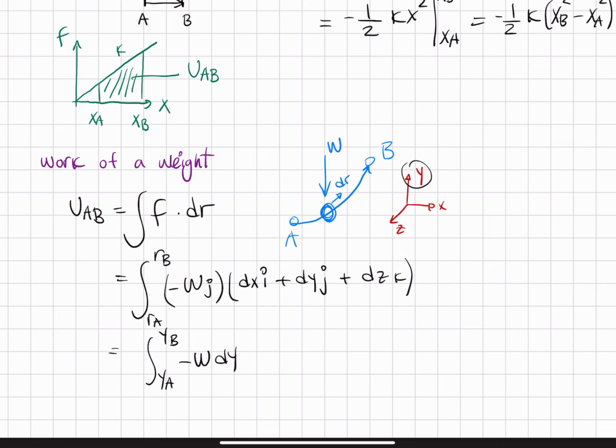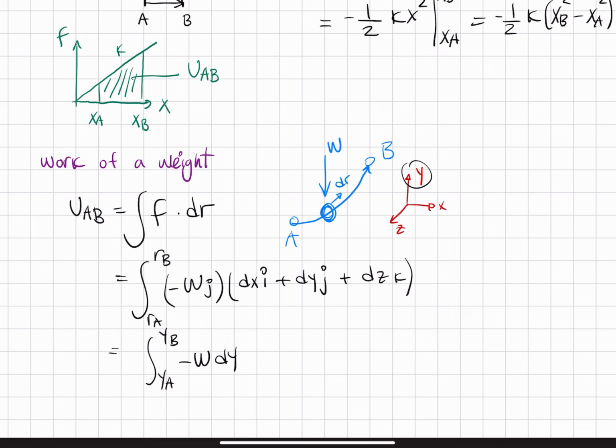Mathematically, what has happened is we performed the dot product between the ijk unit vectors, and whenever the unit vectors are not matching, you end up getting a 0 because those are orthogonal to each other. So only when you have the two j's getting multiplied do you end up with w dy.